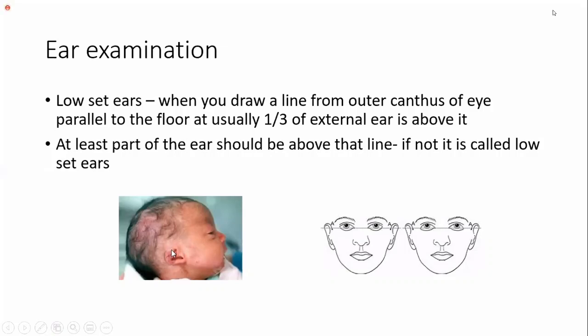A lot of syndromes are associated with low set ears. So how to look at it is, when you draw a line between the inner and outer canthus and extend that line, at least part of the ear should be above that line. Are you with me? Okay, then we move on to the next slide.